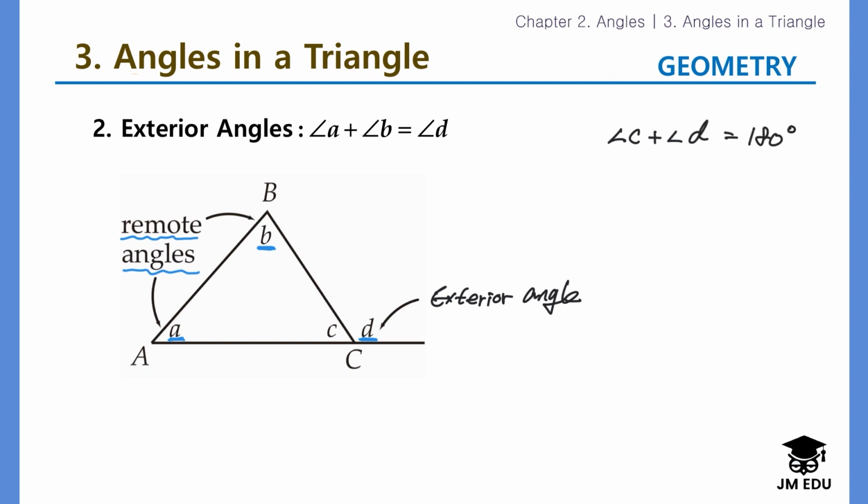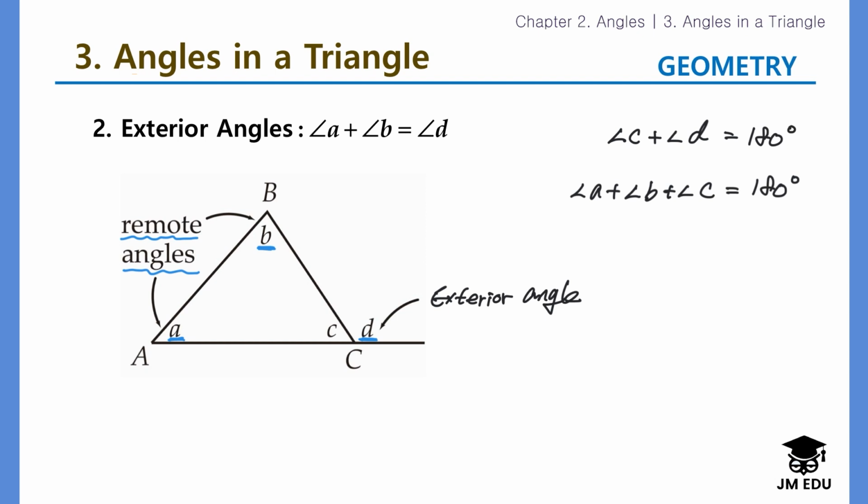And we also know that the sum of three angles of triangle ABC is 180, right? So angle A plus angle B plus angle C is also equal to 180. So this is 180. This is also 180. Then this is equal to this, right?